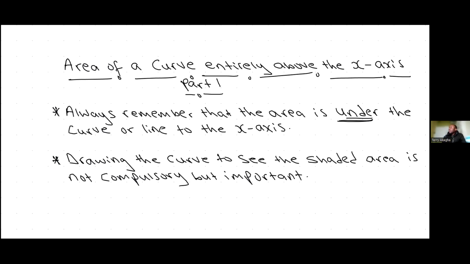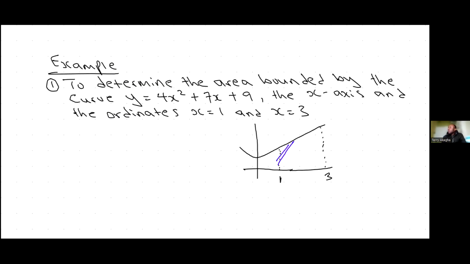So in this case, it's going to be under this curve all the way to the x-axis, because between 1 and 3, it's going to give us all the way from there to the x-axis. So that's what we are looking for. The question is asking what will be the area covered by this part. All right, so now let's get cracking.